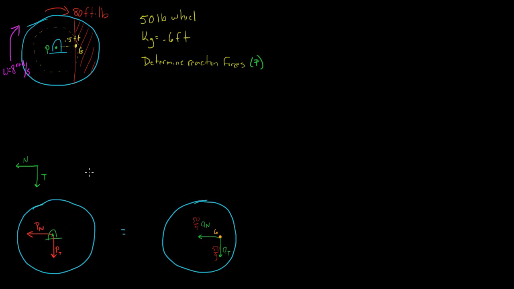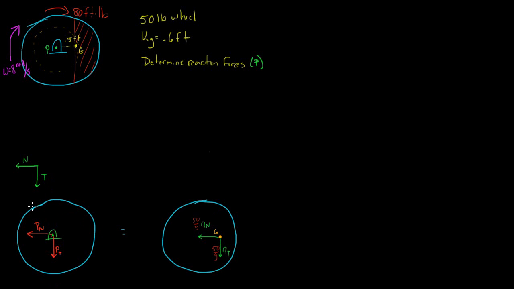I said my normal direction was positive to the left, my tangential direction was positive down, and my forces, when I don't know what they are, reflect that. If I'm wrong, it will just have a negative sign on it, and it tells me my force is actually going the other way. Okay, so what other forces?